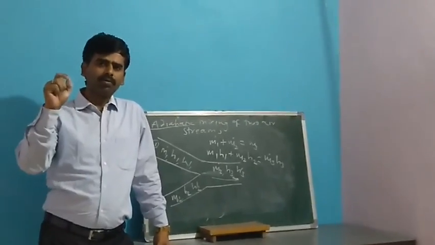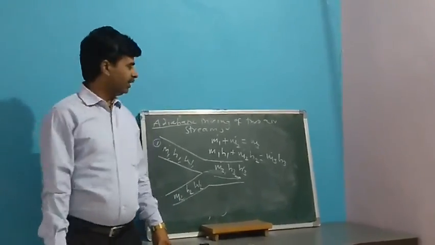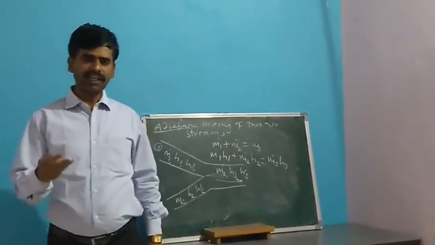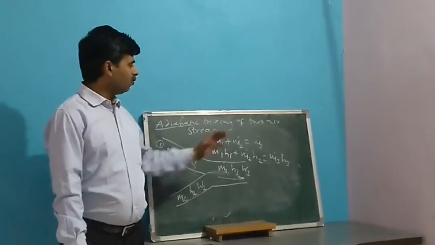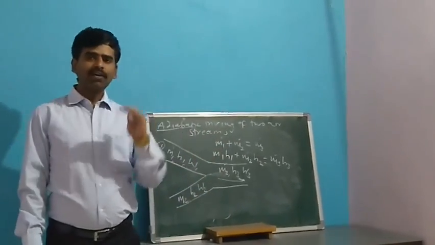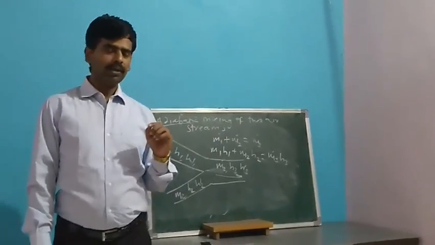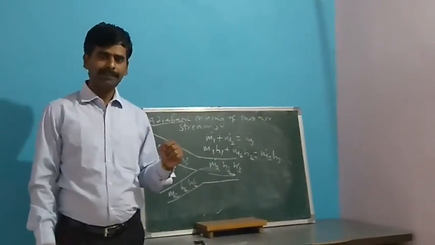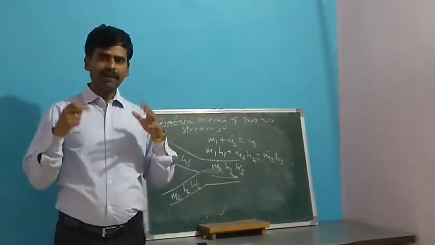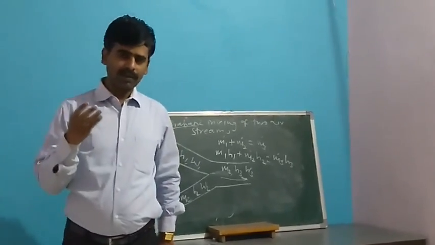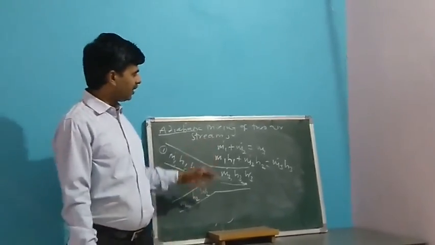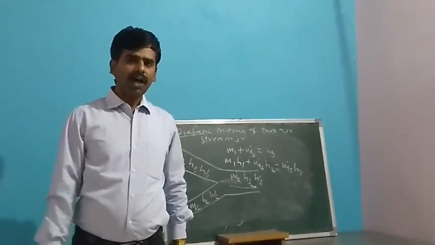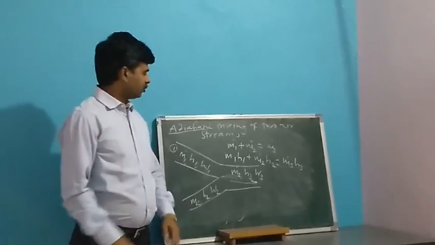First of all, we have to plot the conditions of the air given in the numerical on the psychrometric chart. Then we have to identify the psychrometric process, and based on that we have to draw the psychrometric process. Based on the properties obtained from that psychrometric chart, with the appropriate equation we have to determine the unknown quantities. So, thank you.